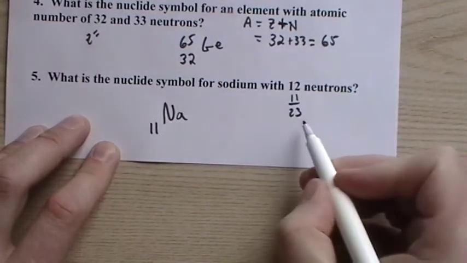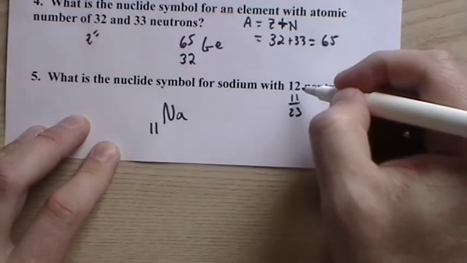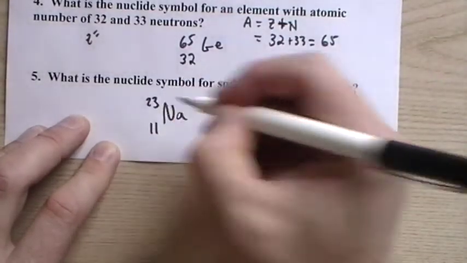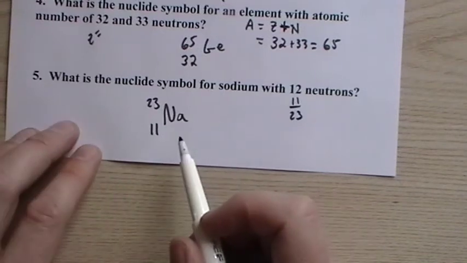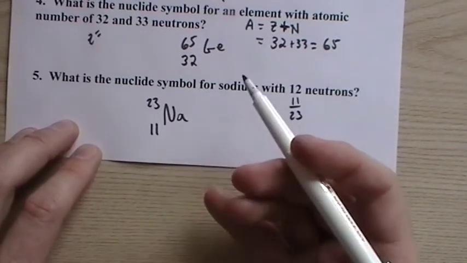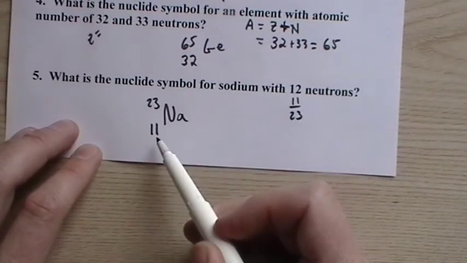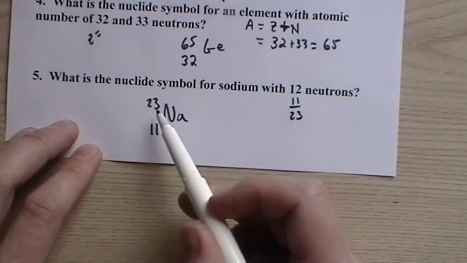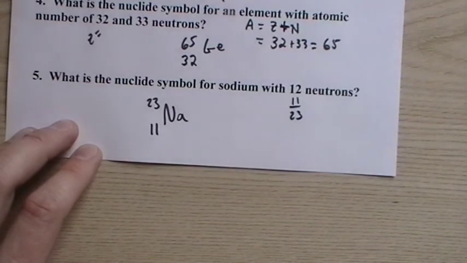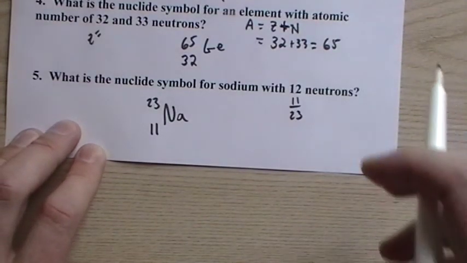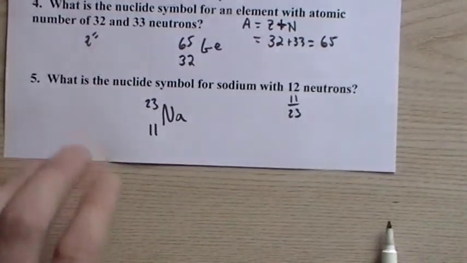And then the mass number is going to be 12 plus 11, so that's 23. So usually there's three things that we're trying to find: the symbol, the atomic number, and the mass number. And if you're given enough information, you should be able to fill in any blanks, and that's how it'll normally be set up. Okay.